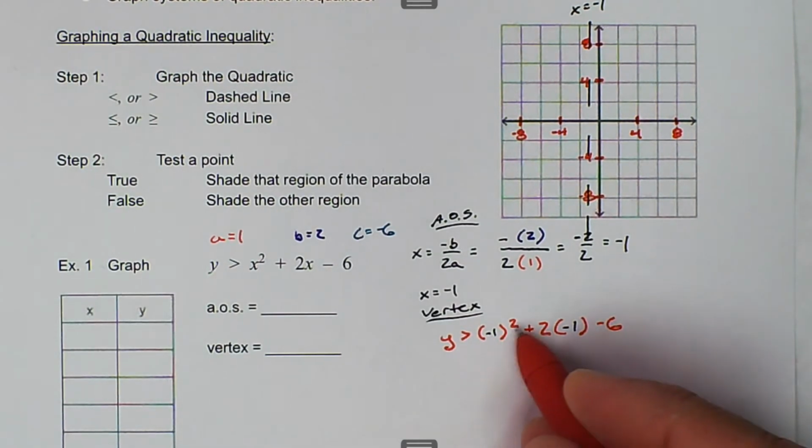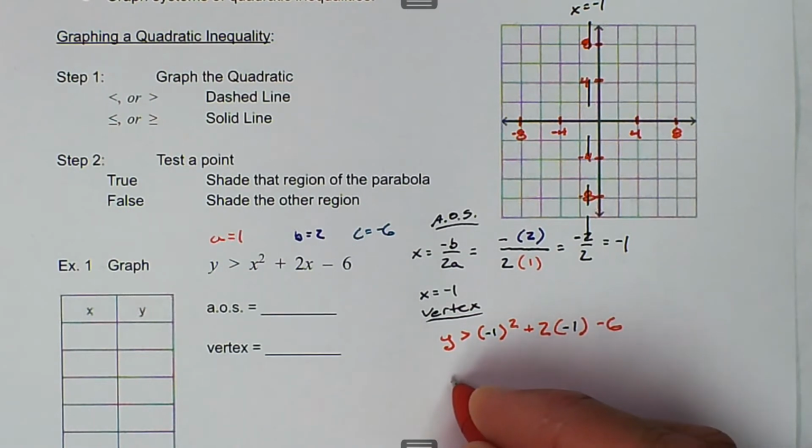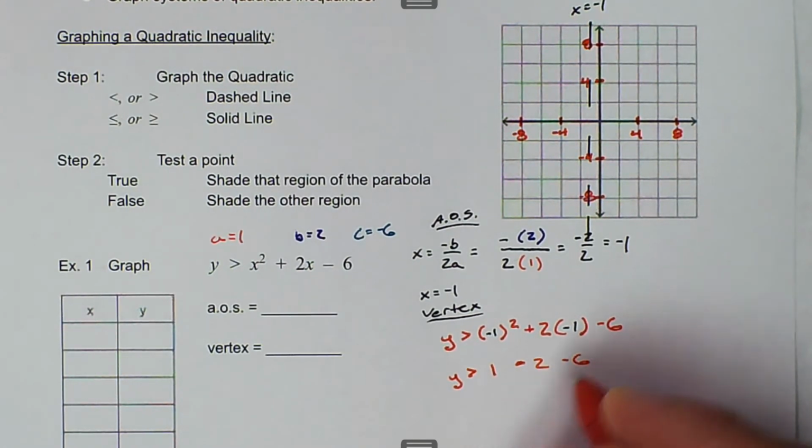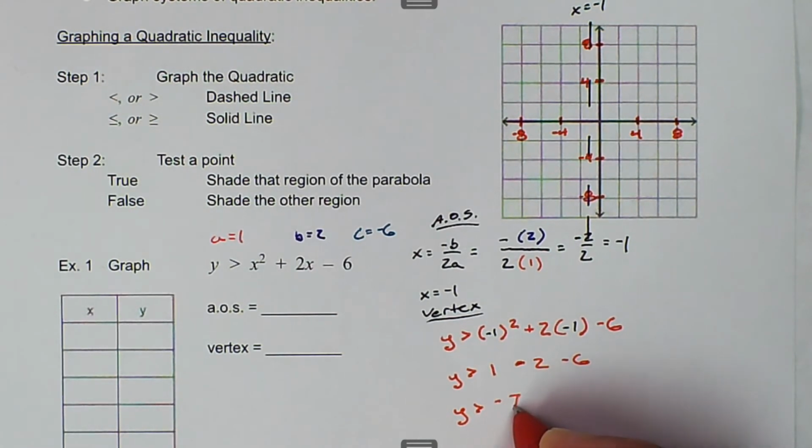Negative 1 squared is negative 1 times negative 1, so that becomes positive 1, minus 2, minus 6. So y is greater than negative 7. Our vertex is the ordered pair negative 1, negative 7.